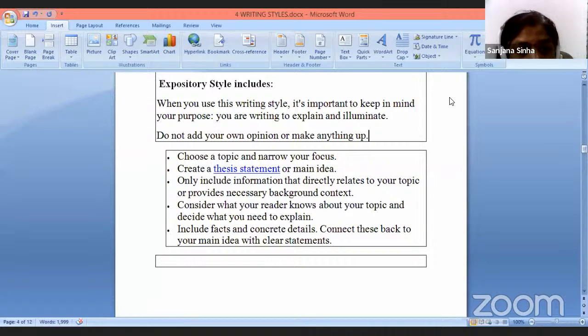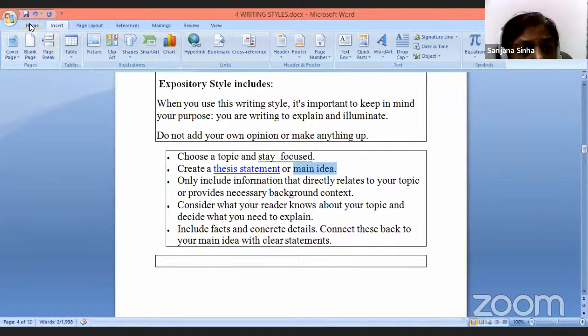So the first is facts which you will include. Choose a topic and stay focused. Create the thesis statement. It means create a main idea.